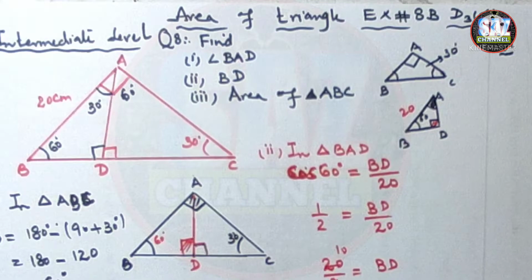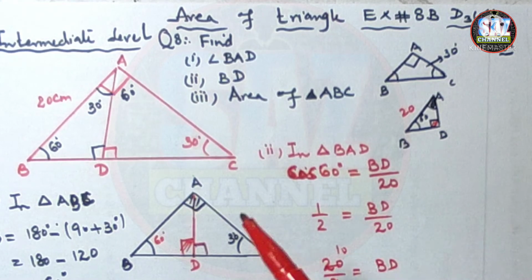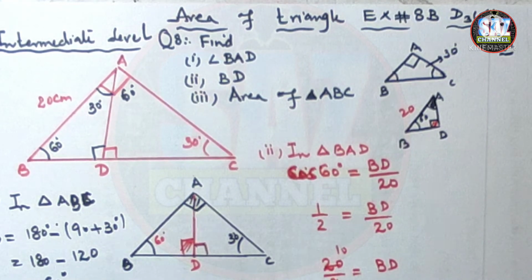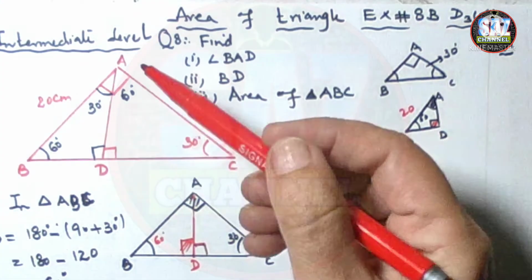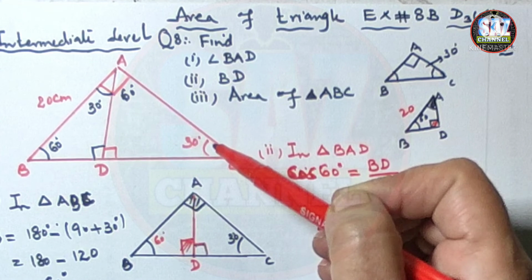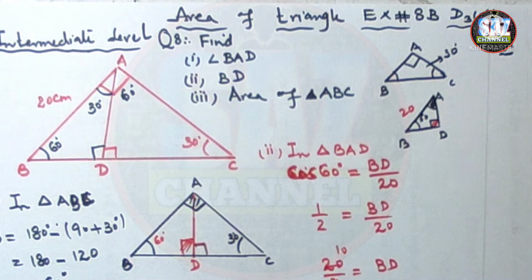And the next part of the question is the area of triangle ABC. Now, for the area of triangle ABC, if we look at the triangle ABC, that is basically a right angle triangle. So what we can do is that if we are able to find the AC distance, and how we are going to find the AC distance, that is important.